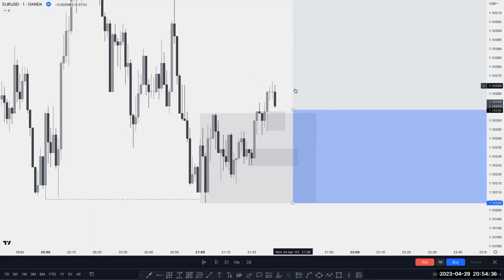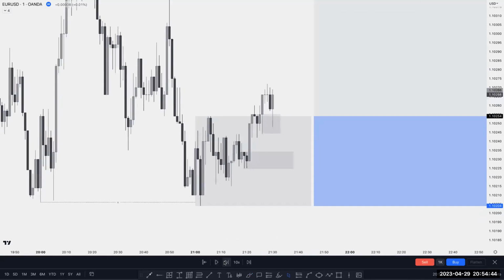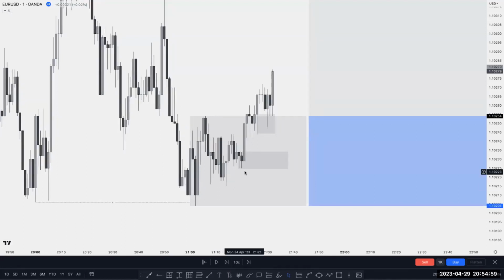So let's see. The first entry is possible here at this point. Okay. And the next entry here, if the market creates a single candle order block: first step here, gives a reaction, sweeps the previous candle low, and if the next candle closes above it, then definitely you can go for the buy. Otherwise, you have to wait for it. Okay. All right. So this candle closes above it.